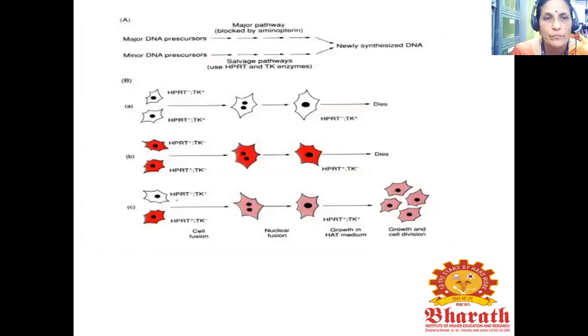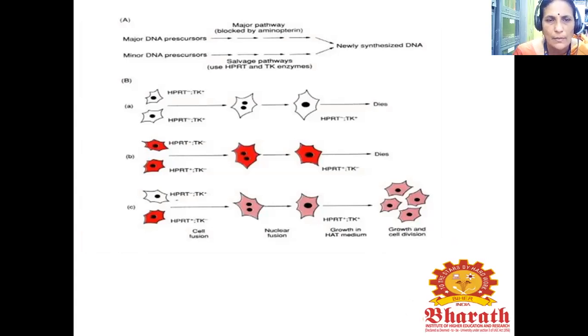See the figure. In A, the major DNA precursor goes through the major pathway, which is blocked by aminopterin, to produce newly synthesized DNA. The minor DNA precursor goes through the salvage pathway, which uses the HPRT and TK enzymes, to produce newly synthesized DNA.